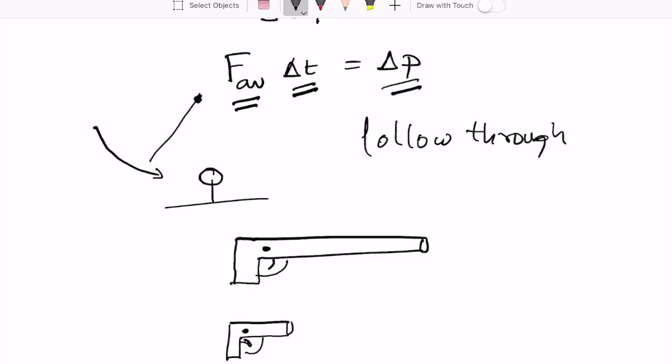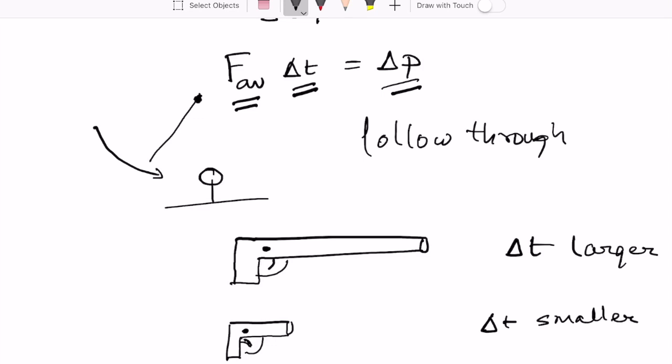Now, in which case will the force have an opportunity to act on the bullet for a longer time? Clearly, that's the case. Delta t, the time over which the force acts on the bullet, is going to be larger if the barrel is longer, right? And here delta t is going to be smaller.